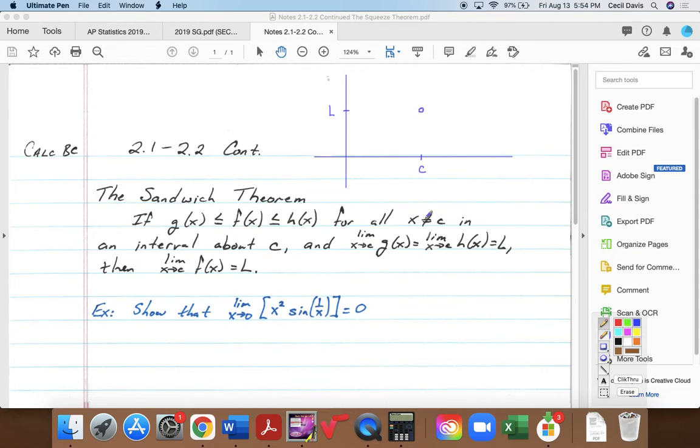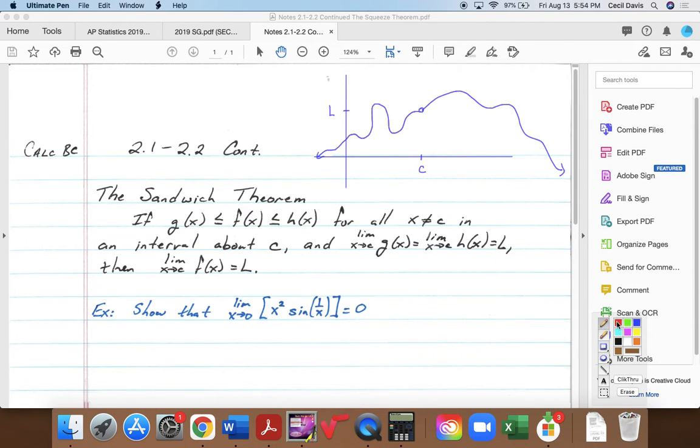So g of x is the lower function, and it really doesn't matter what it looks like, but I do know that it has to go to L as x goes to c. So I'm going to start there, that way I won't miss it. It doesn't really matter what it looks like.